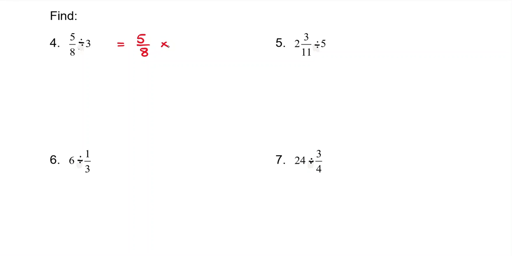I can change it into a times if I find the reciprocal of the second number or fraction. Now this is a 3, which remember is 3/1. So the reciprocal of that is going to be 1/3. Now if you can remember that first step, it is now a multiplication problem, which is what we did all last week.